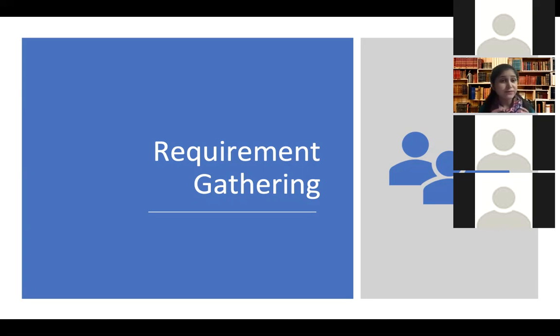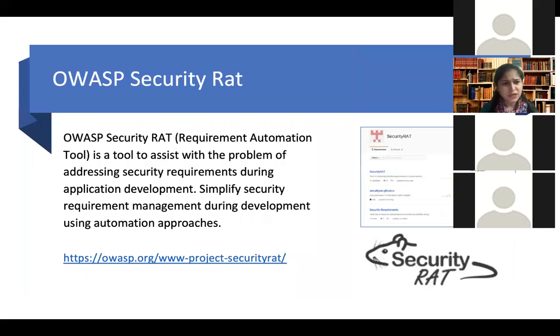I've worked on very big projects to small projects, and I've realized that these are some things which are very much important for anyone, for the person who's working on the ground as a developer, operations person, or even the security people. And it is equally important for the client, because they want the product to be live on the internet. So OWASP SecurityRAT is one project, a requirements automation tool, which can address all the problems we were facing: how to gather the requirements, how to automate it.